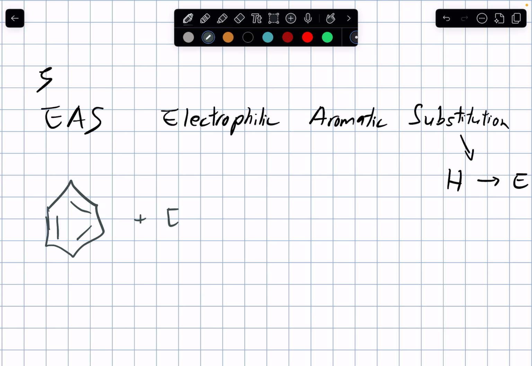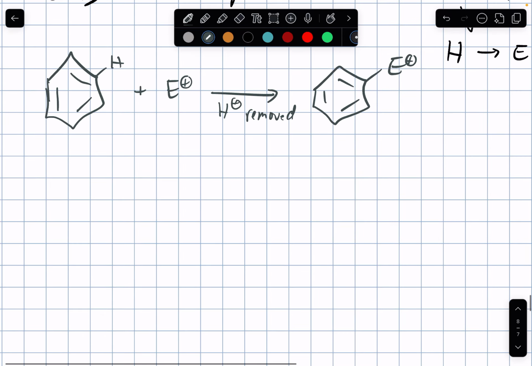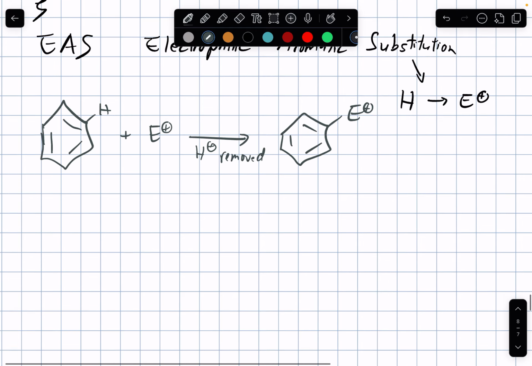So plus an electrophile, in the process, hydrogen is removed. So in place of the hydrogen here, what you have now is the electrophile. So a substitution has occurred.